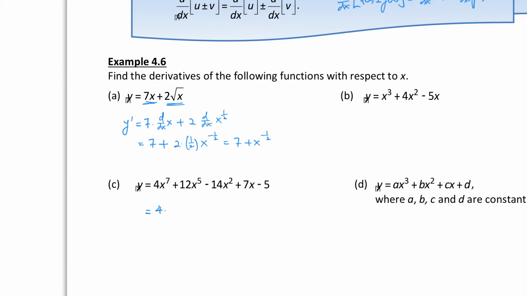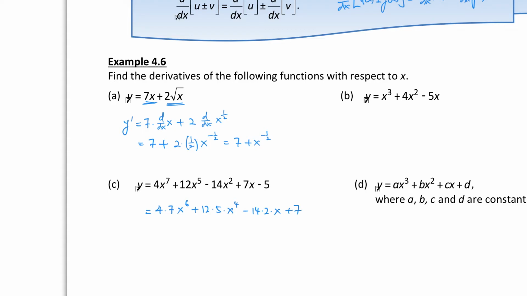According to the power rule, we write down the power and the power decreases by 1, so it's 6. And then 12 times 5 times x to the power 4, minus 14 times 2 times x to the power 1, plus 7 times x to the power 0, which is 1.